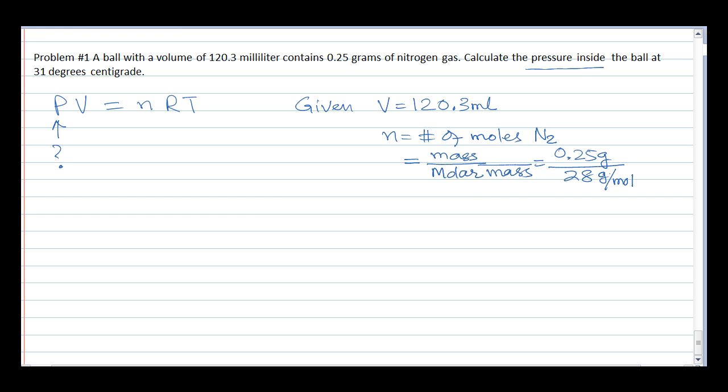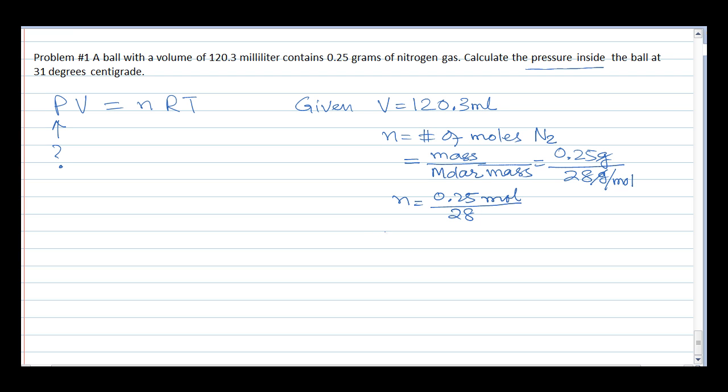So I'll just keep it over in this way. Now what you can do is cancel the gram and the gram. So n is 0.25, and this mole is really the denominator of the denominator. So the mole will be in the numerator, and we have 28. So this is the n.